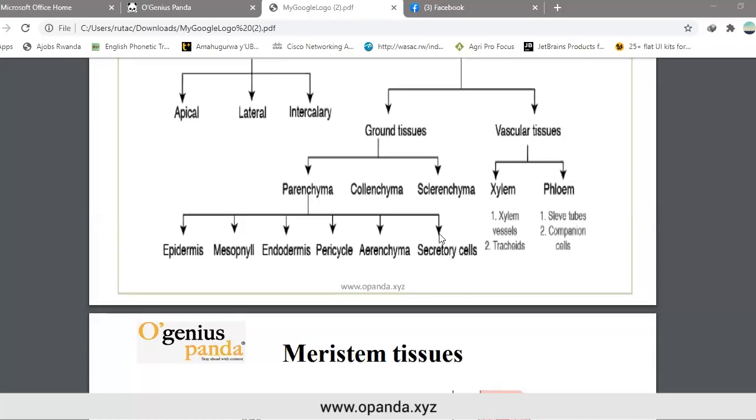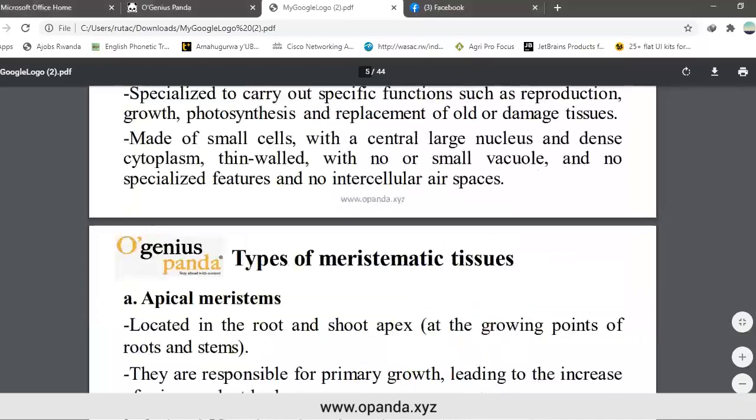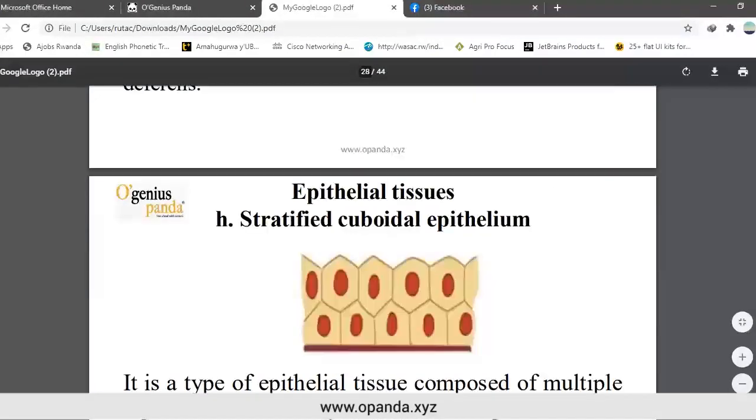It's the one we are out there, on which we are. Secretory tissues. I put parenchyma. Yes. Okay, see there? Do you see the diagram? It seems you are following very carefully. Thank you very much. It rejoices me.